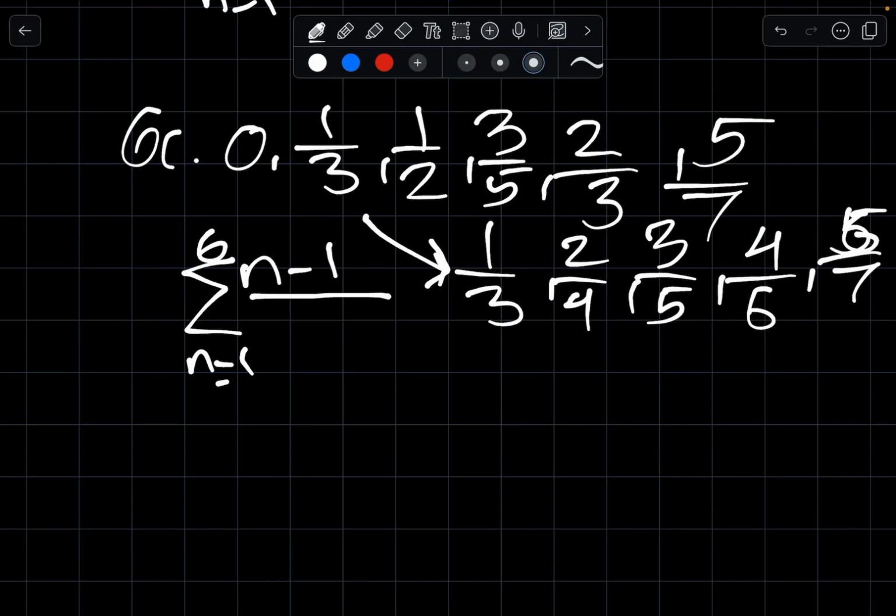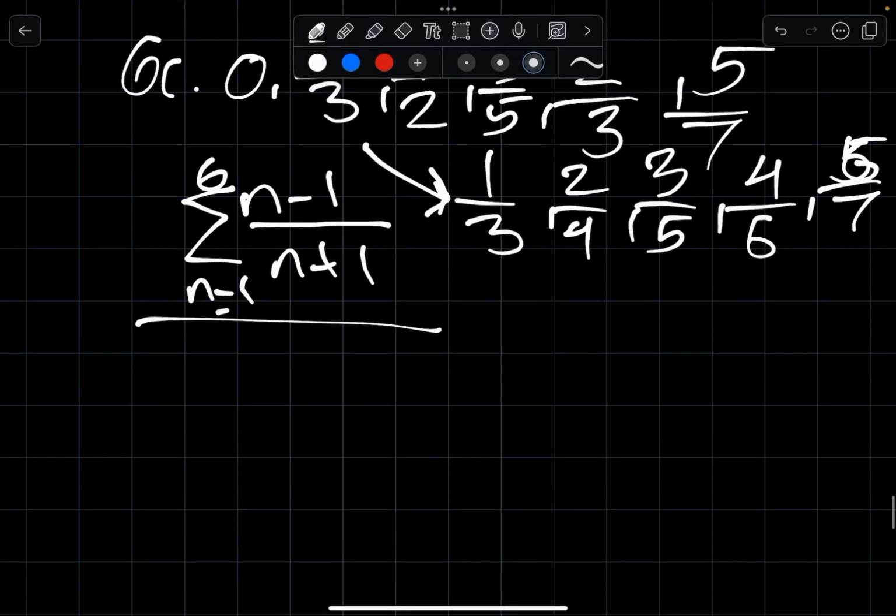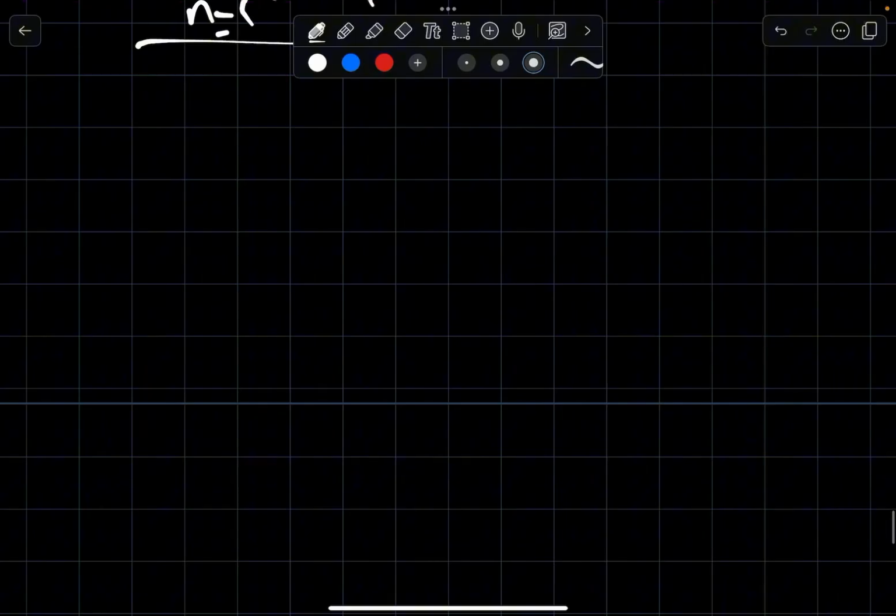Now we can see the easier sequence going on here. It's just plus 1 each time on the denominator, and that gets us this. Boom. I'll admit that took me a second to figure out, but we have it now.